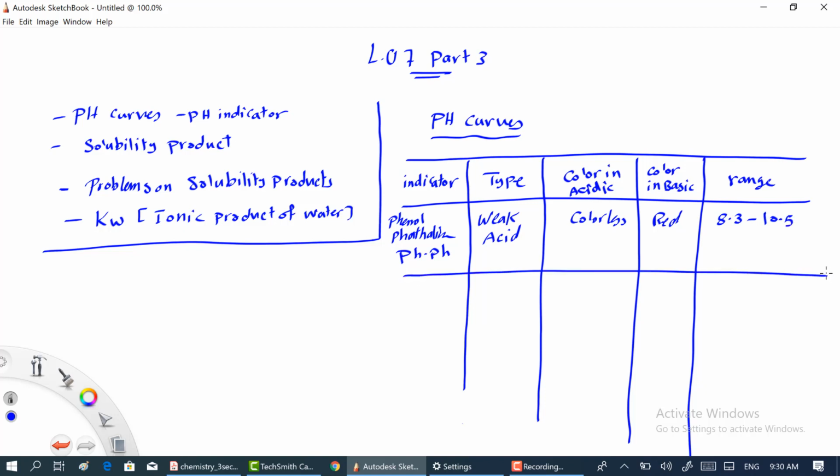The second one we are going to talk about is methyl orange. It's a weak base, and about the color, it will be red in the acidic and yellow in the basic medium. Its range starts from pH 3.1 to 4.4.